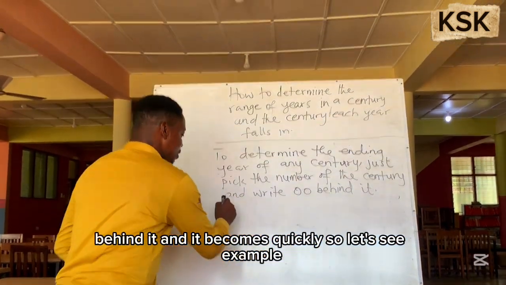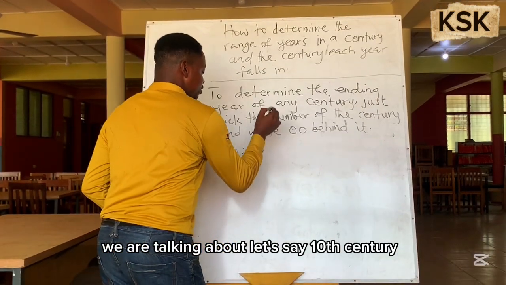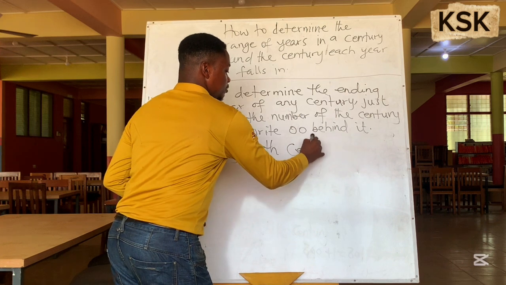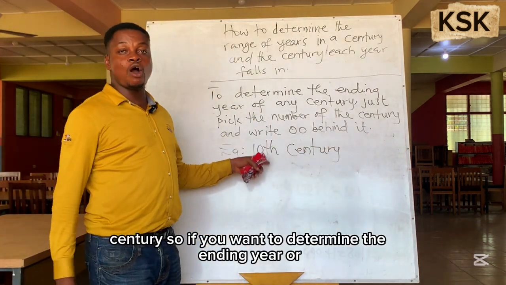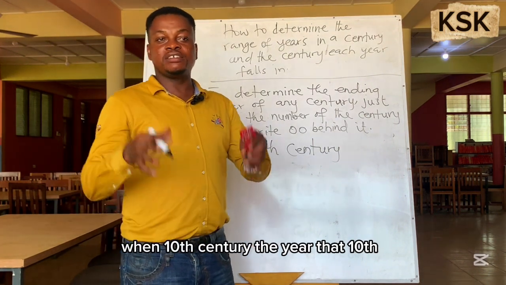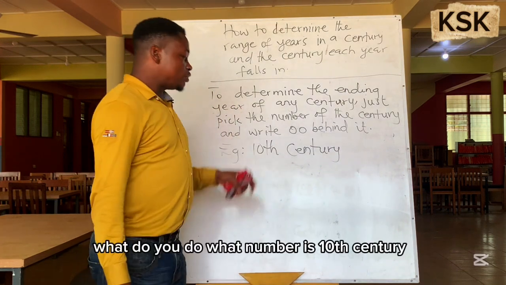Let's see an example. We are talking about, let's say, the 10th century. If you want to determine the year that the 10th century ended or will end, what do you do?